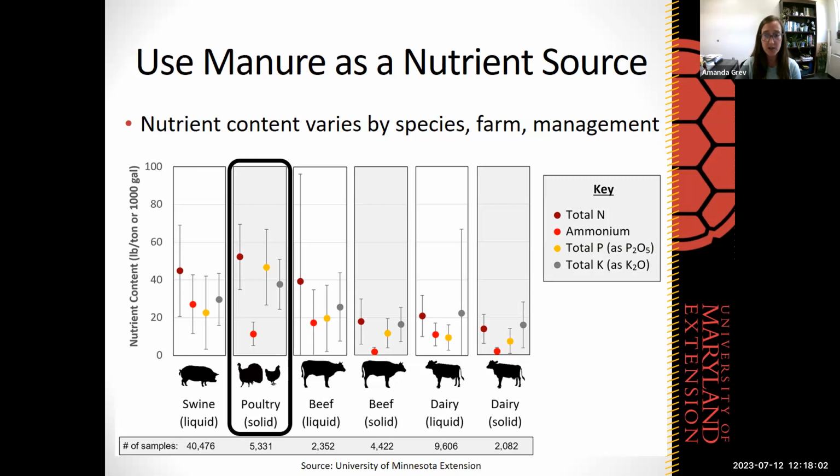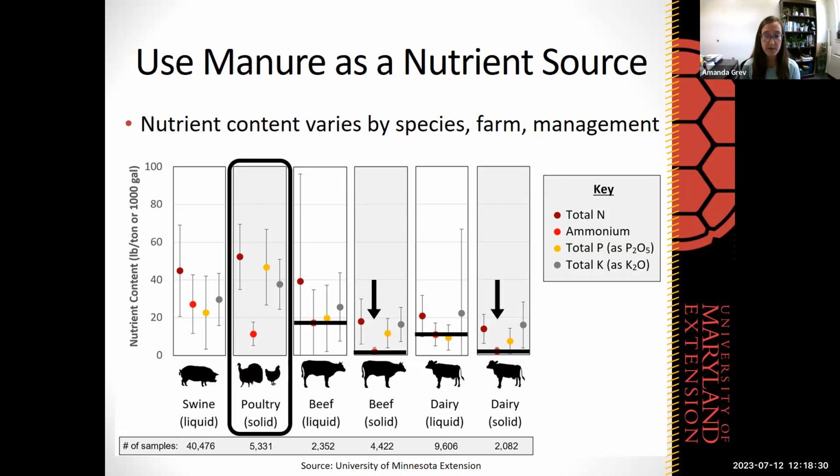And in particular, if we look at the ammonium, that bright orange color, you can see that when we go from a liquid manure to a solid manure, we see a big decrease in ammonium. And this is important because ammonium is one of the most volatile components as far as nutrients are concerned. So it's one of the ones that's more prone to losses when we apply a liquid manure on a field. And we'll show an example of that in a second.